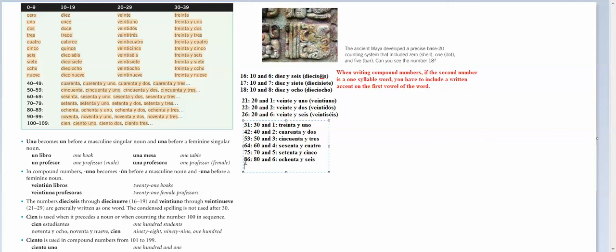Same thing with the 90s, so if I want to do 97, what I'll have is 90 and 7, which is 97. So you have 90, 91, 92, 93, and then 100 is 100.